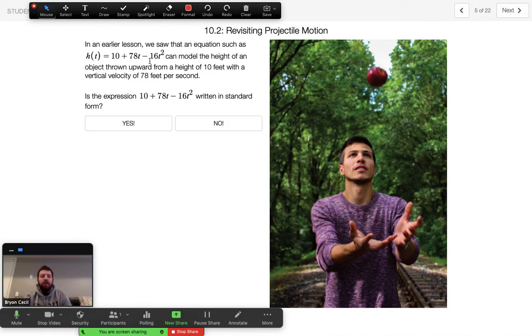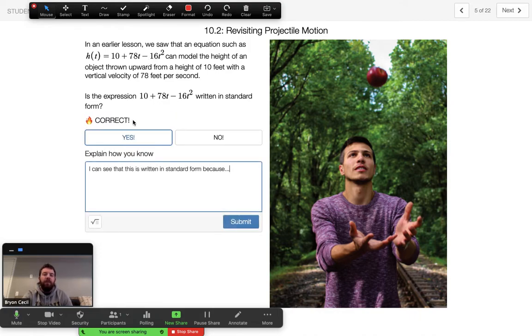Is this written in standard form? Yes, because, guys, kind of what we've been talking about in my class is that it has a squared term. Something squared in it is what makes it a quadratic.